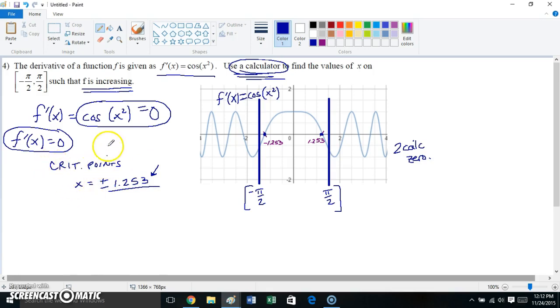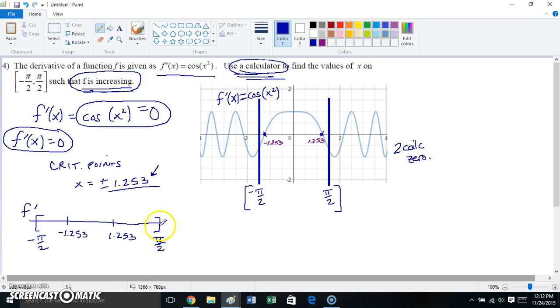Okay, so these are the critical points, but now we want to make sure we answer the question, when is the function increasing? So we can look at the graph and see that this is happening, but on a corresponding number line, what I'd be looking at are the 2 critical points and the endpoints, so I know that I don't need to look beyond those.